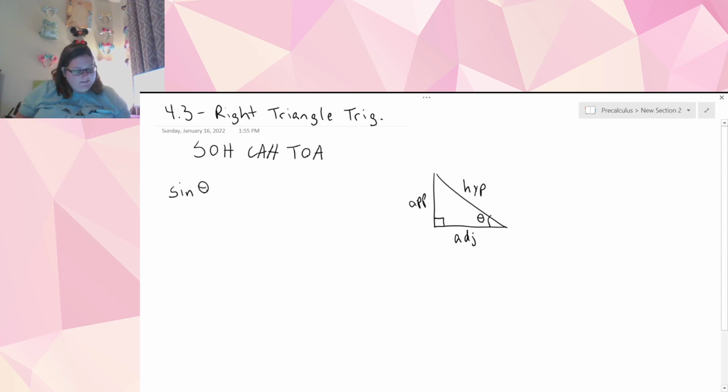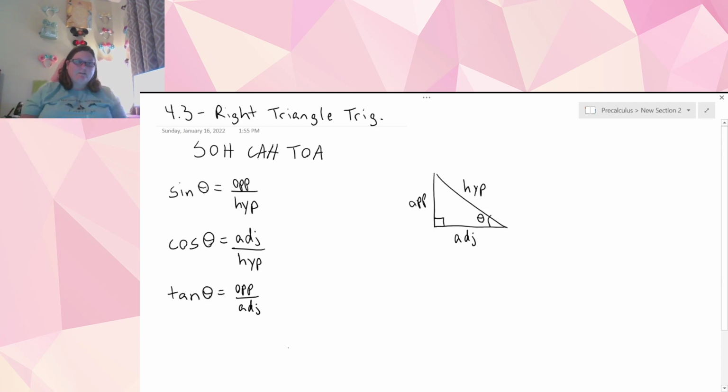If we're trying to find sine of theta, I can find it by doing opposite over hypotenuse. Cosine is what C stands for, and that's going to be adjacent over hypotenuse. And T stands for tangent, which is opposite over adjacent.